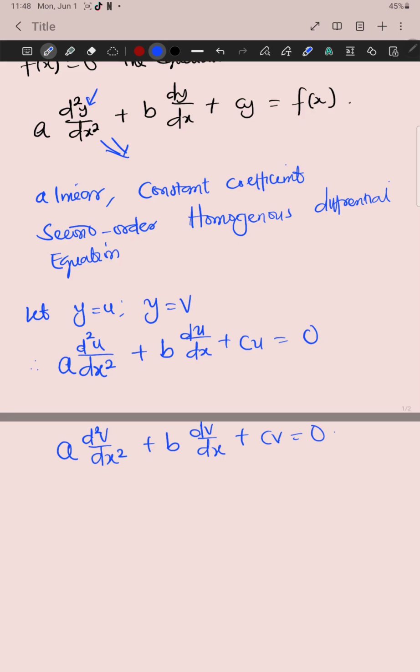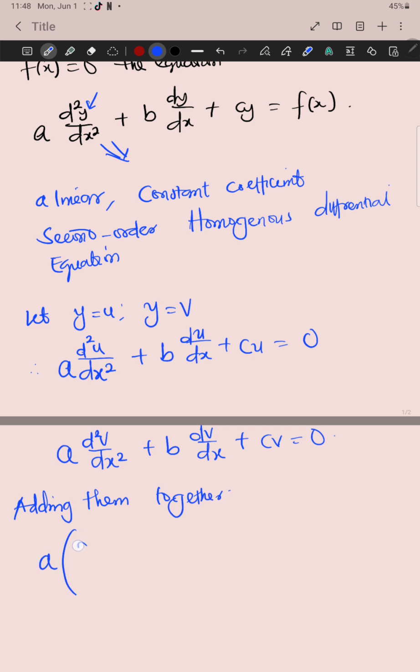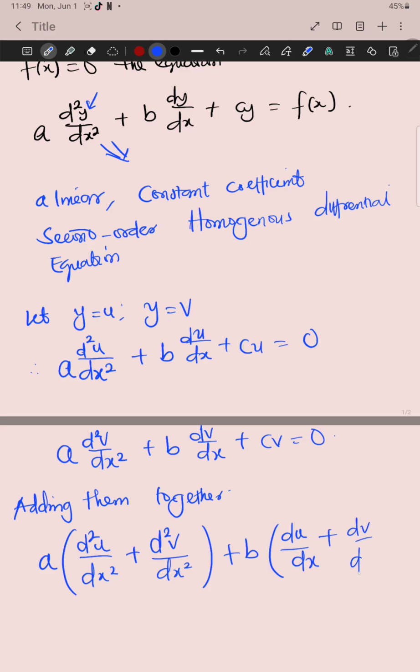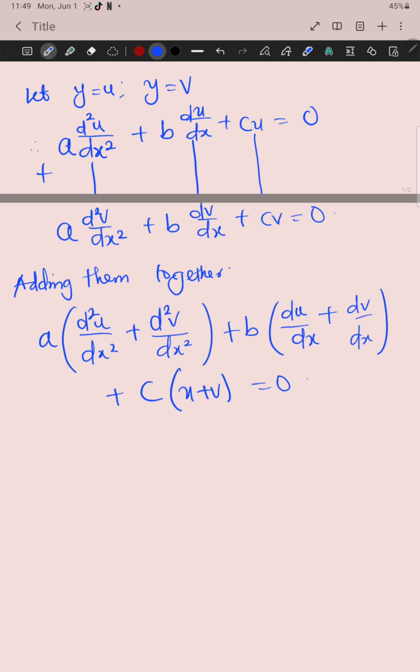Now when we add these two things together, we then have a into the bracket of d squared u over dx squared plus d squared v over dx squared, plus b into the bracket of du dx plus dv dx, plus c into the bracket of u plus v equals to 0.